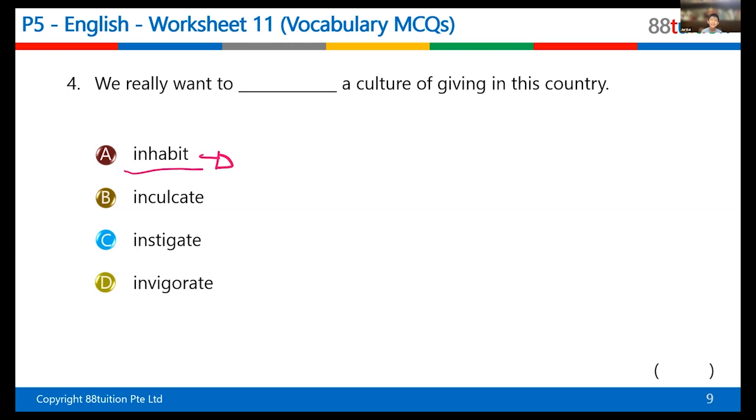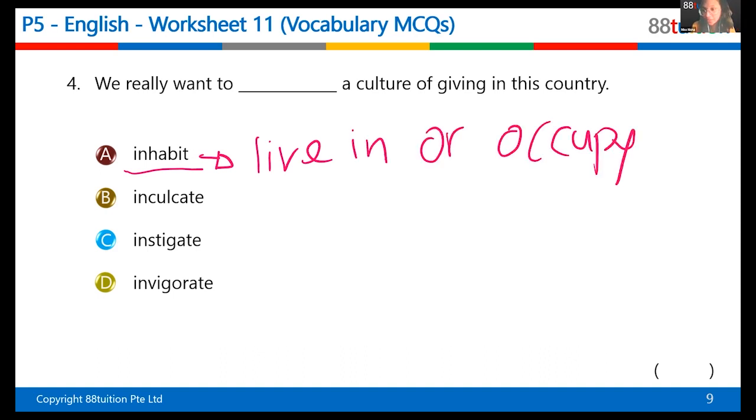Anyway, inhabit means live in or occupy. That is the meaning of the word. When you look at a dictionary, sometimes you can just Google Oxford dictionary or Longman dictionary, because those are UK dictionaries. You want to get the dictionary meaning from where we are examined from. It's UK, right? So inhabit means to live in or occupy.